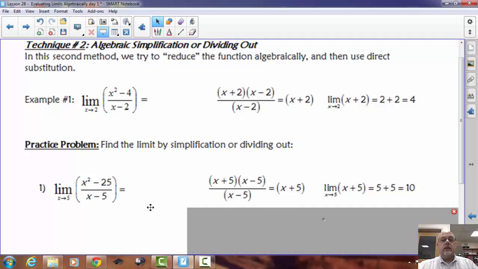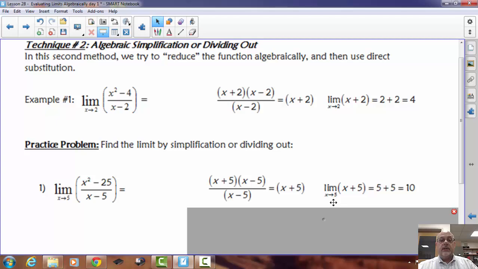So I've already looked at that. So we need to now go to dividing out. Sometimes the problems will give you instructions, find the limit by simplifying or dividing out. So if we look at this, you factor the numerator, x plus 5 times x minus 5. Denominator is x minus 5. The x minus 5's divide out, so now we're left with x plus 5.